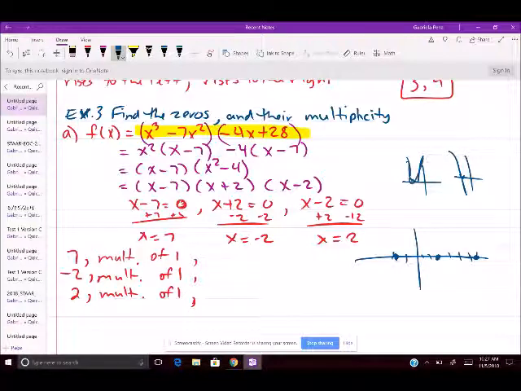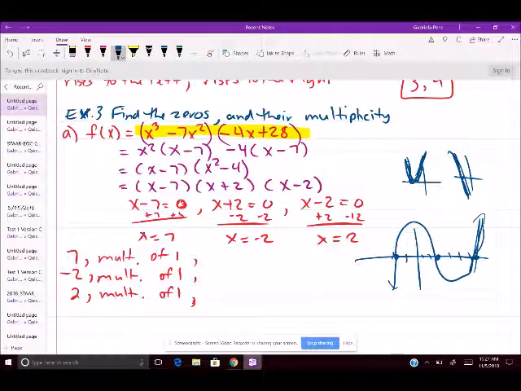Is it touching, turns around like this, or is it actually going through there? Can I see somebody's graph? So you have something probably like this. This is what you have, but of course it's crossing, right. So is it crossing the x-axis, or is it touching and turning around?